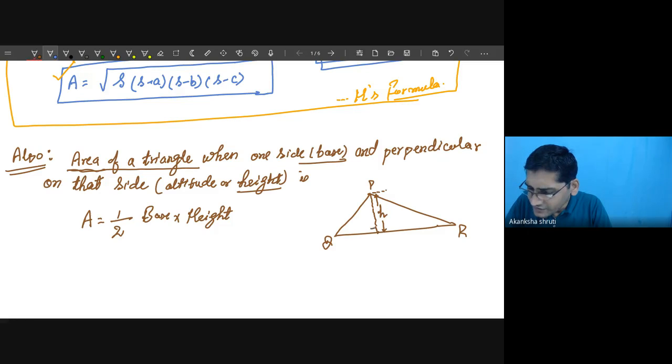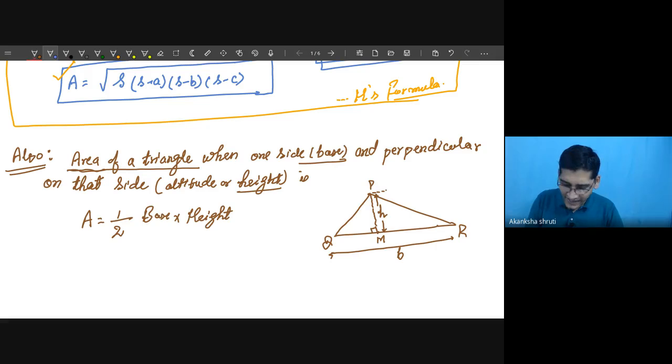It is the perpendicular. So let PM be perpendicular on QR, and the length of QR is taken as the base. Is it okay? Then the area is given by half base into height. This we are already knowing.